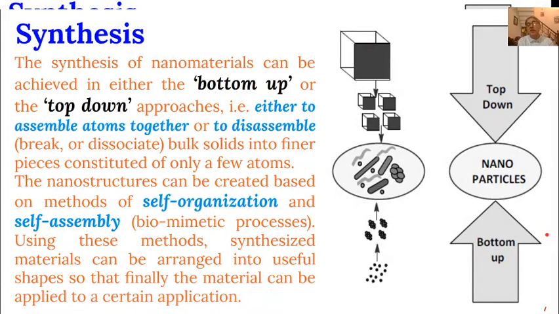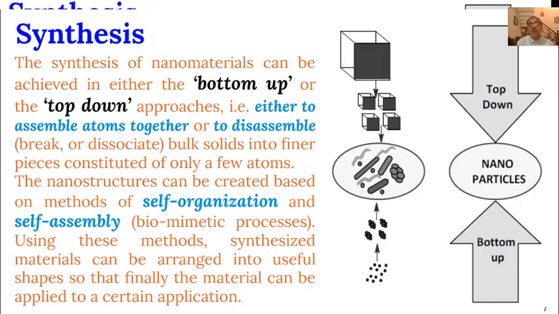Then these nanomaterials can be synthesized either by a bottom up or by a top down approach. So there are two methods, bottom up or top down, to synthesize various types of nanomaterials.